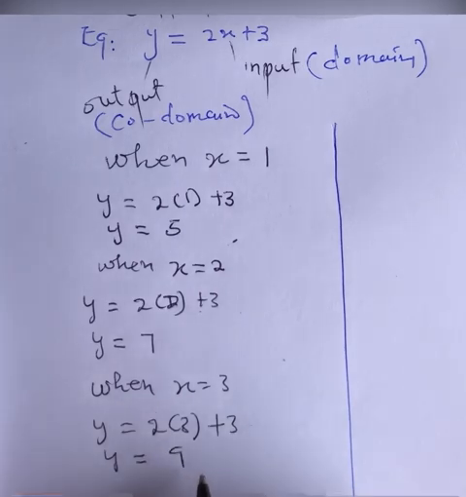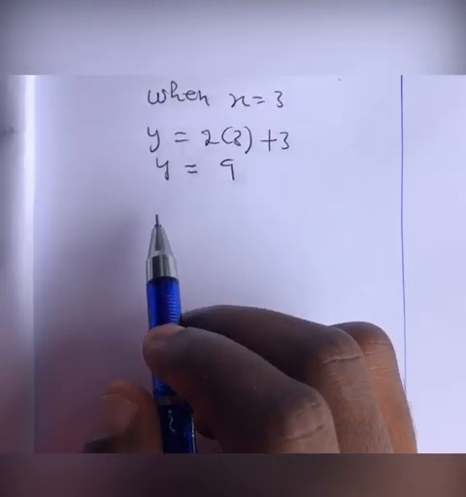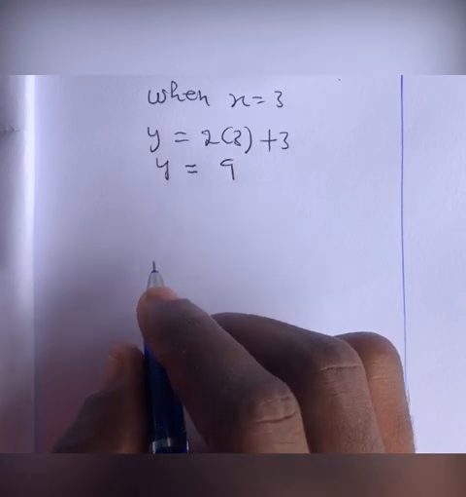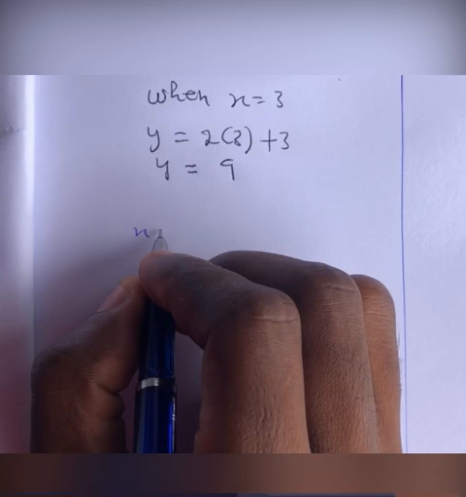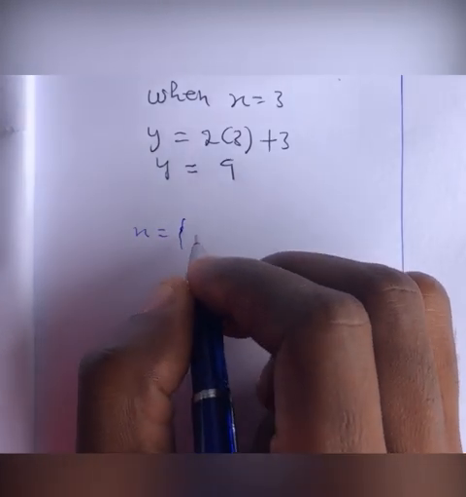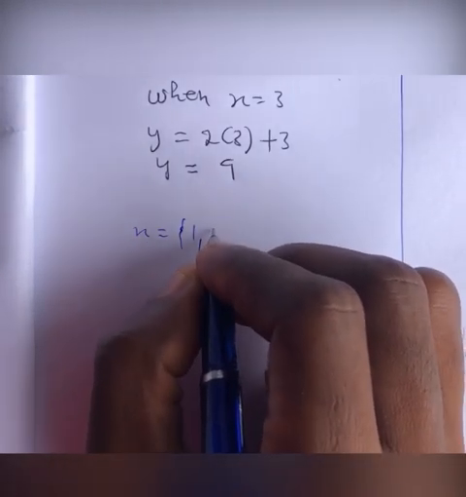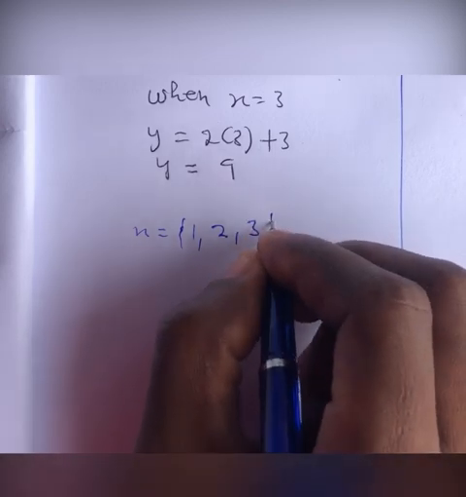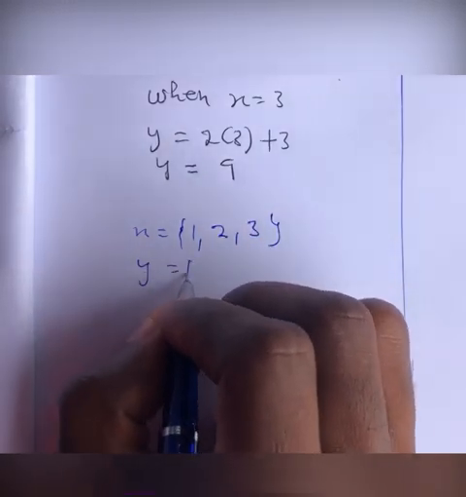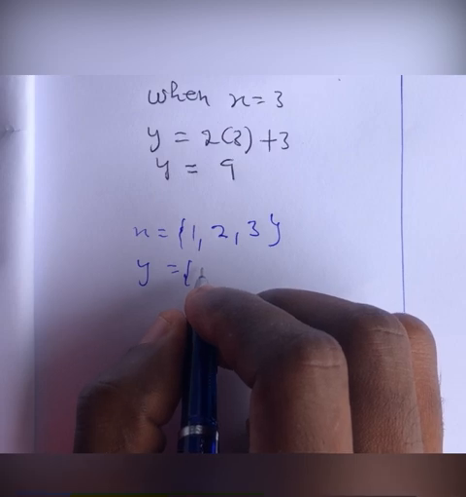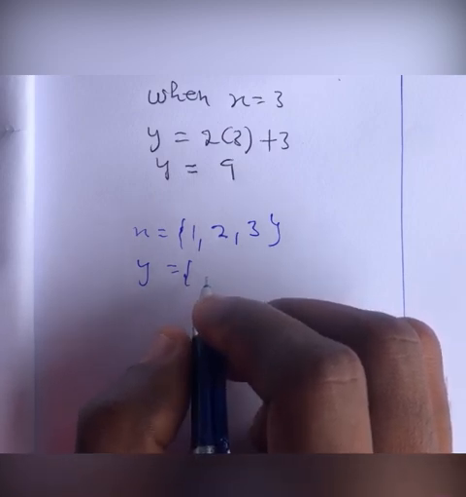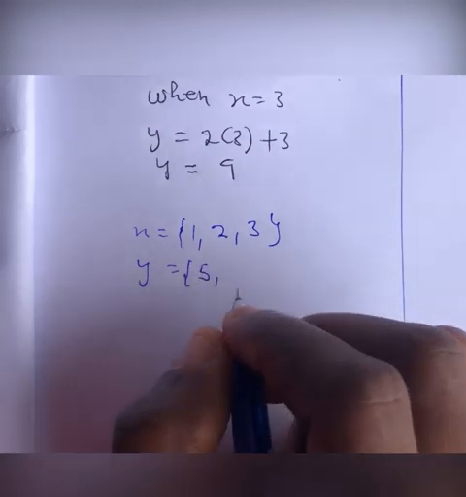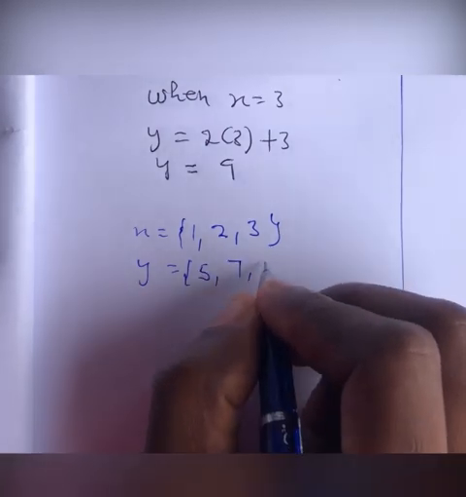So with what we have here, we can see that the x values are 1, 2, 3. Then we also have the y values: the first value of y, we had 5, then 7, then we have 9.